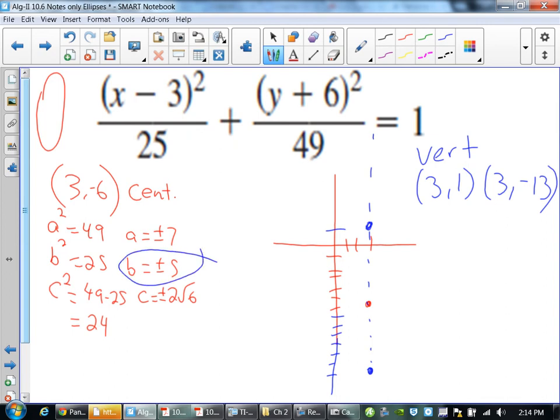So I add 5 to it. So it is now at 8, negative 6 for the co-vertex. Subtract 5, and I'm at negative 2, negative 6.